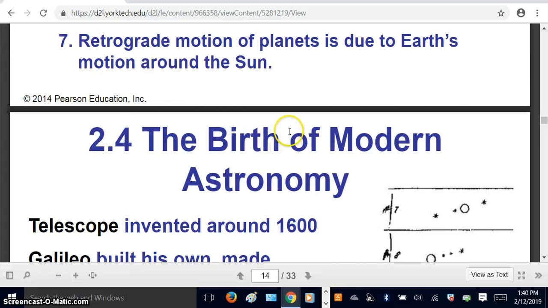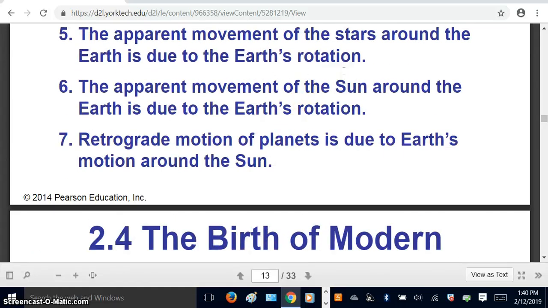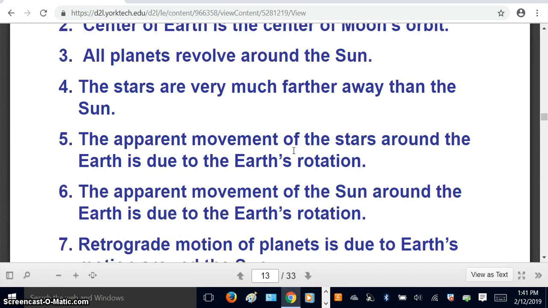For a long time, Copernicus wrote this book. As I said, he was very fearful, and that sense of fear actually turns out to be probably pretty unfounded at first. It really took about 100 years or so, when we get to the time of Galileo, that this becomes a really big issue.